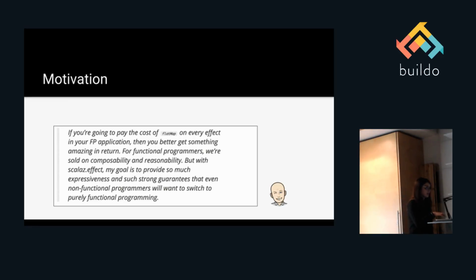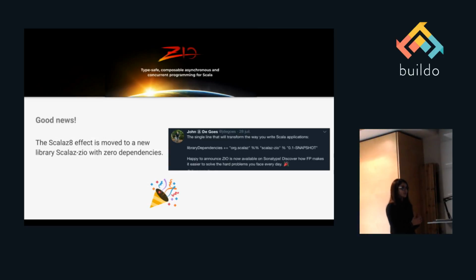It's really interesting. So Scalaz 8 effect system was in Scalaz library, and last year in May, the Scalaz 8 effect system was moved to a new library called Scalaz-ZIO with 0 dependencies, which means you can include ZIO in your project very easily, and you can start to enjoy its features and build asynchronous and concurrent applications using a purely functional approach.